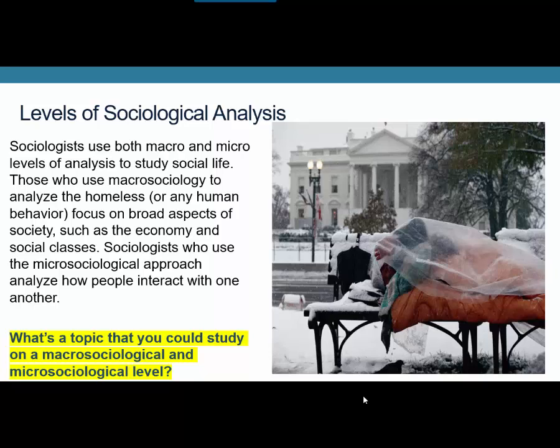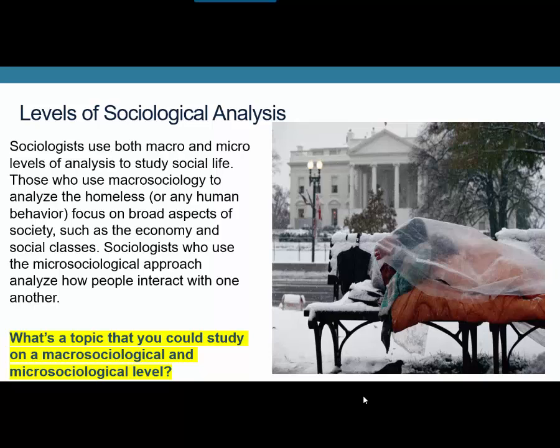If you were a sociologist who used a microsociological approach, you might be more interested in how the homeless interact with one another, what type of bonds and relationships they form, how they interact with non-homeless populations. So you might want to study panhandling requests and how the homeless make those.